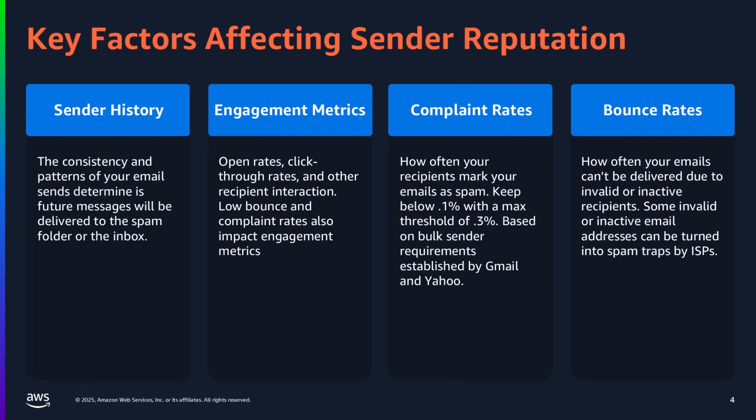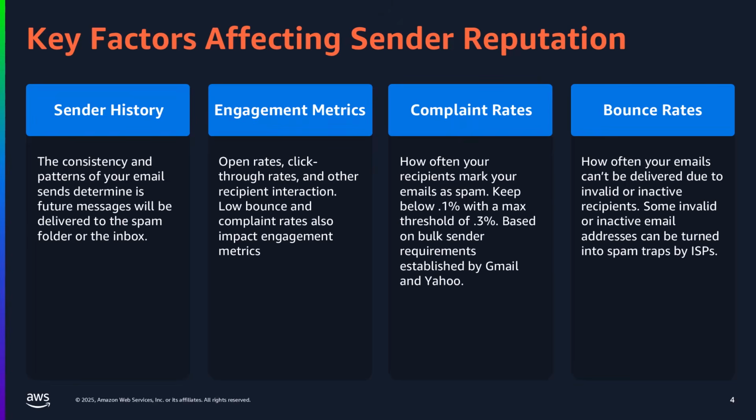Complaint rates are how often recipients mark your emails as spam, which is one of the most influential negative metrics a sender can generate. Complaints indicate to recipient mailbox providers that their users do not want messages from particular senders and will contribute largely to a negative sender reputation.